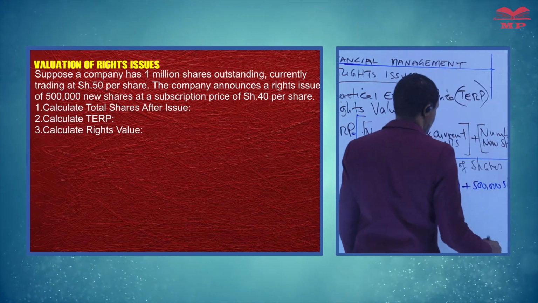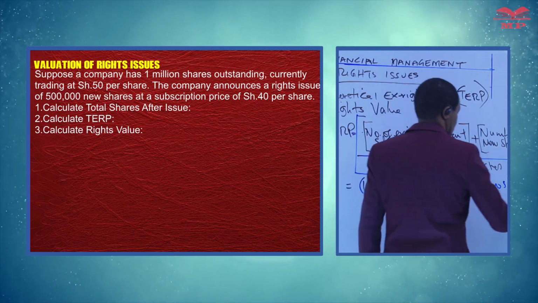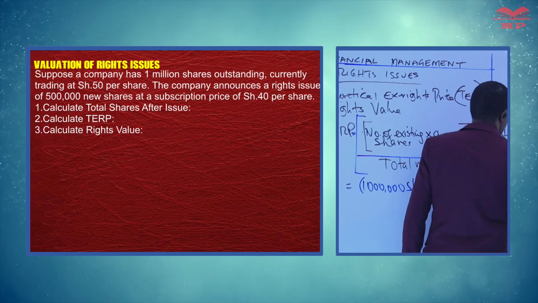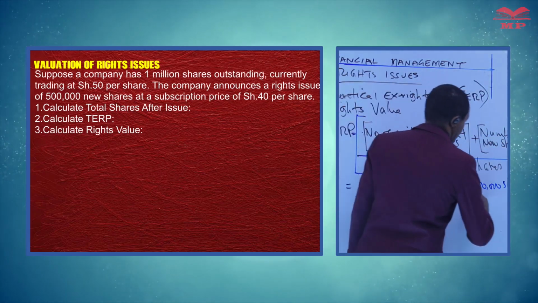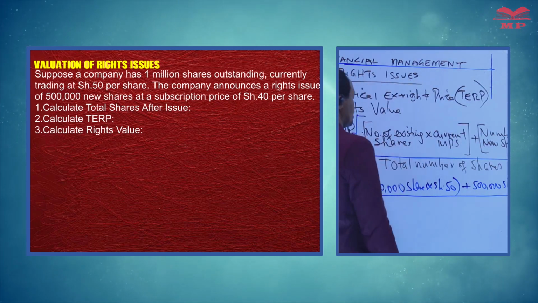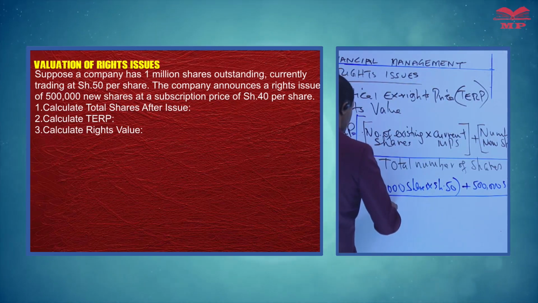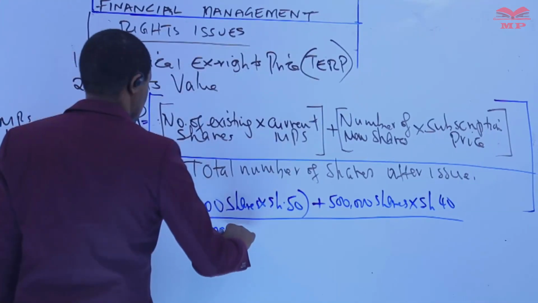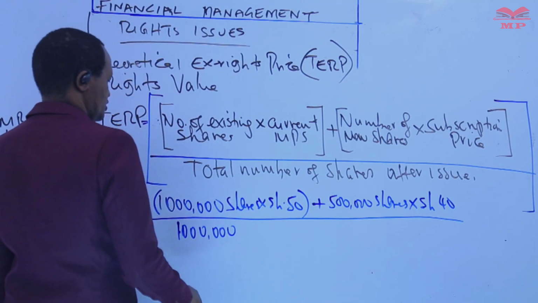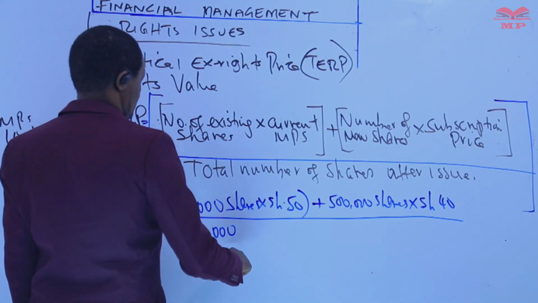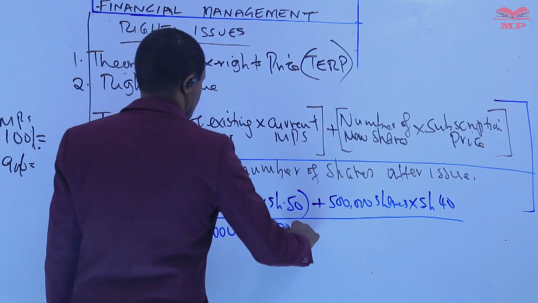The subscription price from the question is 40 shillings. So we divide by the total number of shares after issue, which is 1 million plus 500,000.